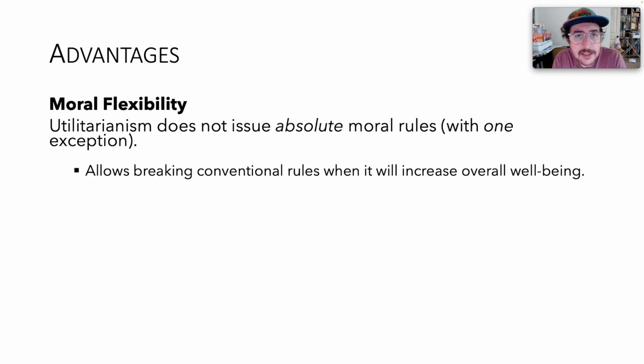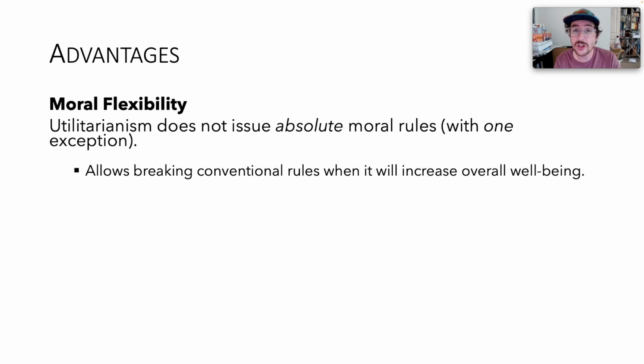So, yes, you shouldn't lie, because usually lying is going to lead to less overall well-being in the world. But there might be exceptions where maybe telling a small lie, or maybe lying to an abuser about where a friend is, well, that might increase overall well-being in the world.